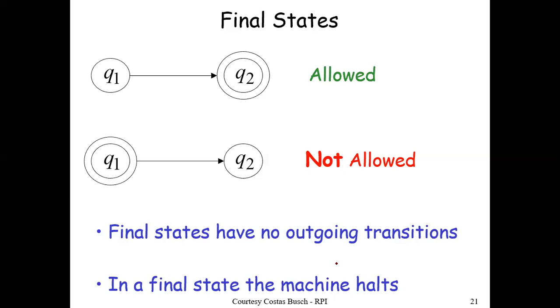But in the Turing machine, no transition is allowed to move out of the final state. It means if you are going from Q1 to Q2 and Q2 is final, there will be no outgoing transition from final. Here you can see that an outgoing transition from final is not allowed.